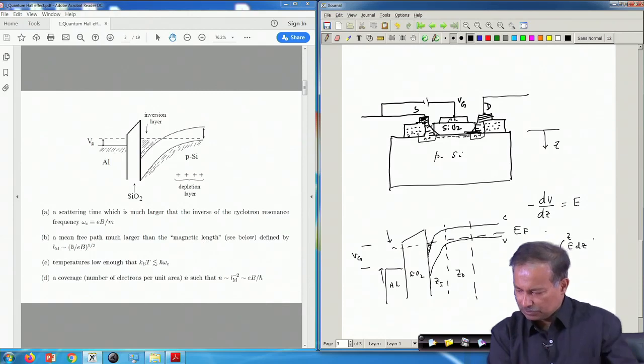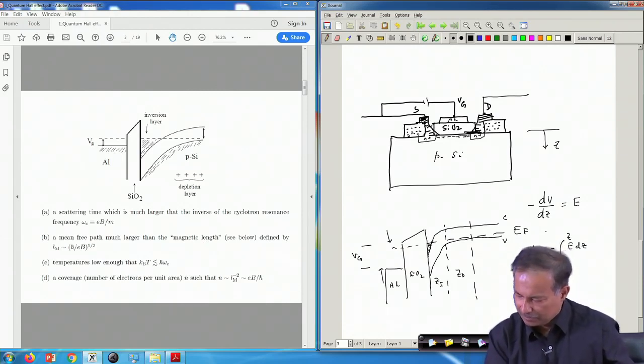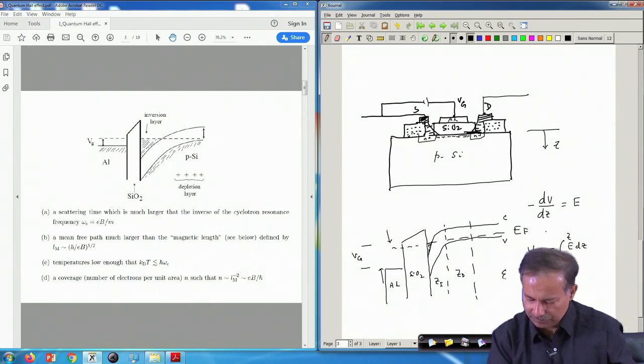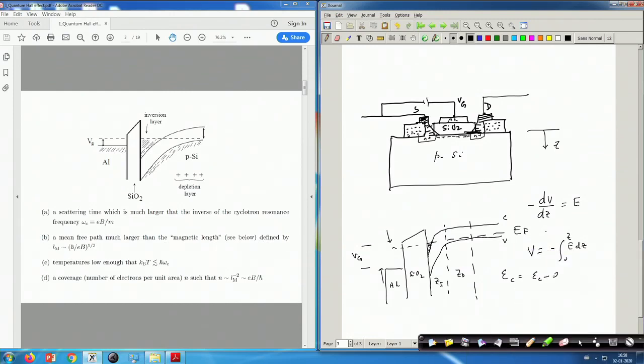Okay. So, what you get is EC goes to EC minus e times (Vg minus Zd), and EV goes to EV minus e times V, where V at 0 is Vg minus Zd.